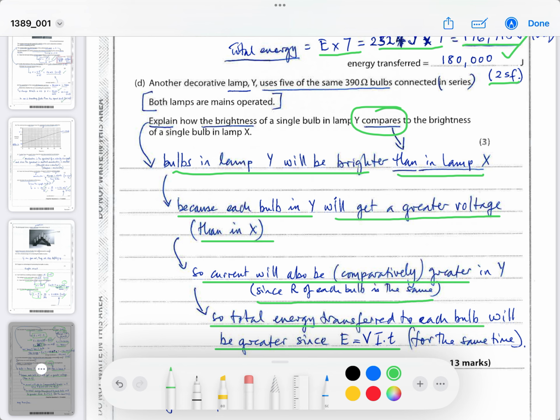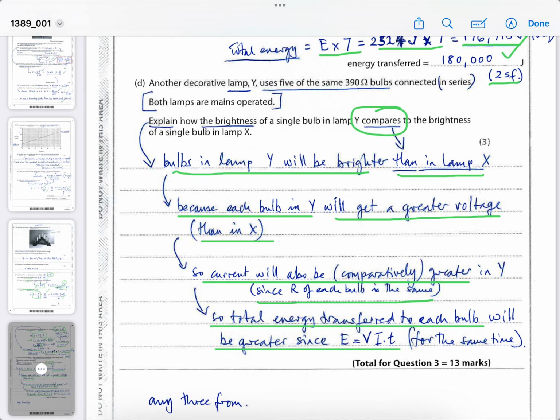Obviously it's for the same amount of time, and each bulb gets the same amount of current because they're in series, and the current everywhere in a series circuit is the same. Therefore, any of these 4 points will get you a mark. So there's 3 from this list, and you'll get the mark. This question is out of 13.